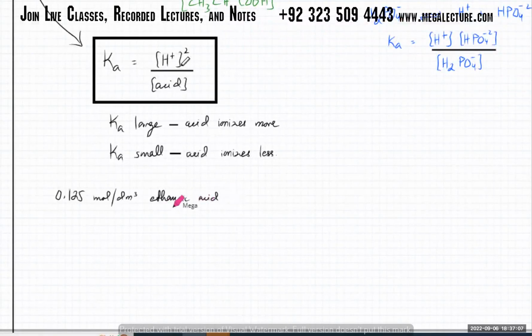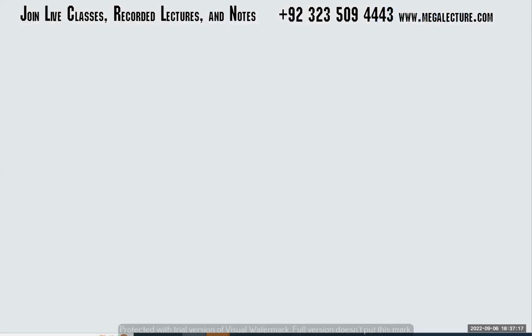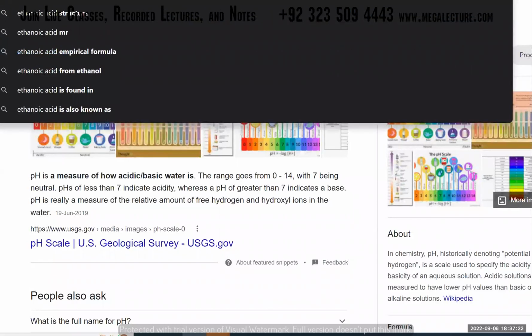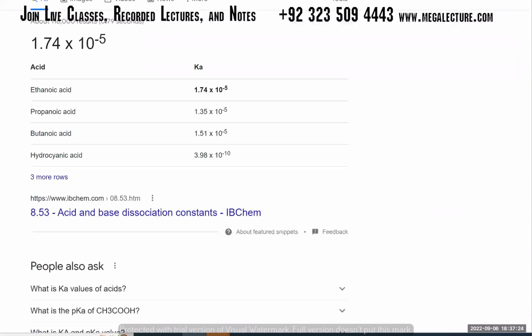And he's saying find the pH of this acid. Now remember, the problem was that H plus 1 we couldn't find directly, so we need the K value for ethanoic acid. So I'll just Google it. Paper में तो given होगा. That's 1.74 times 10 power -5.